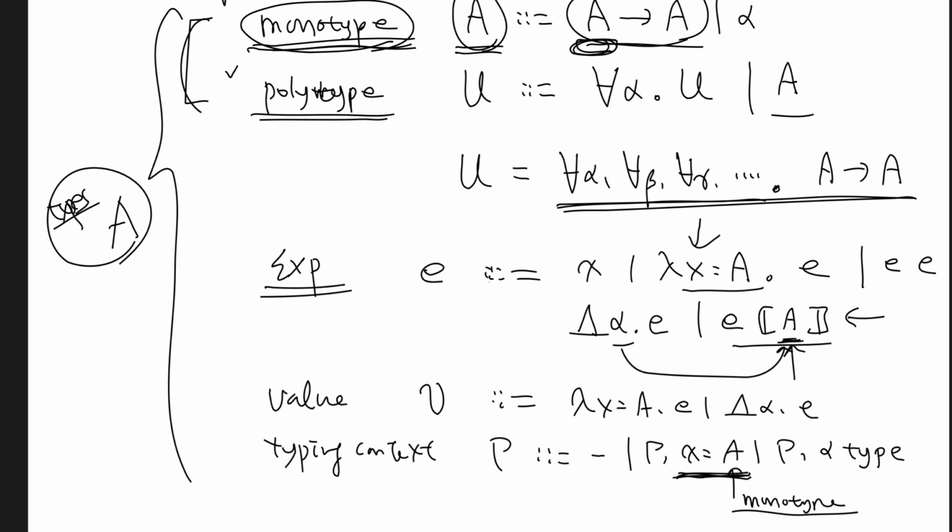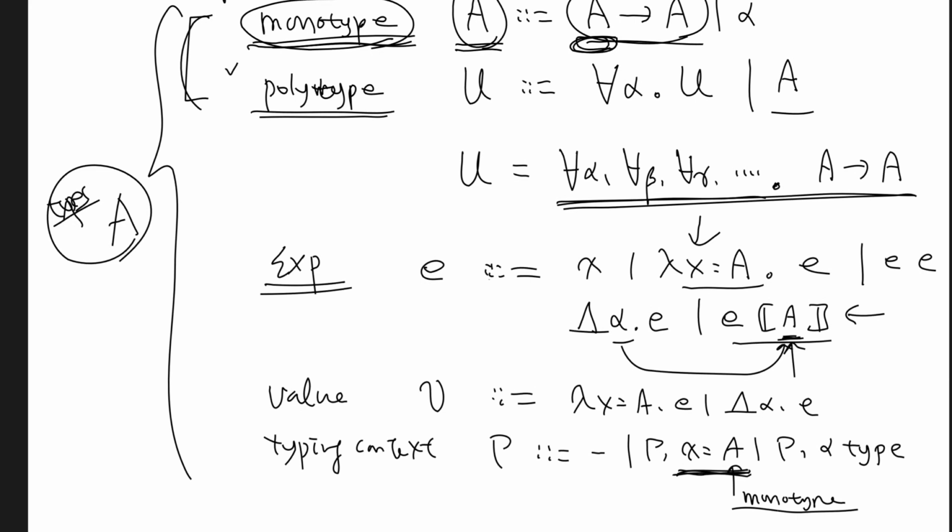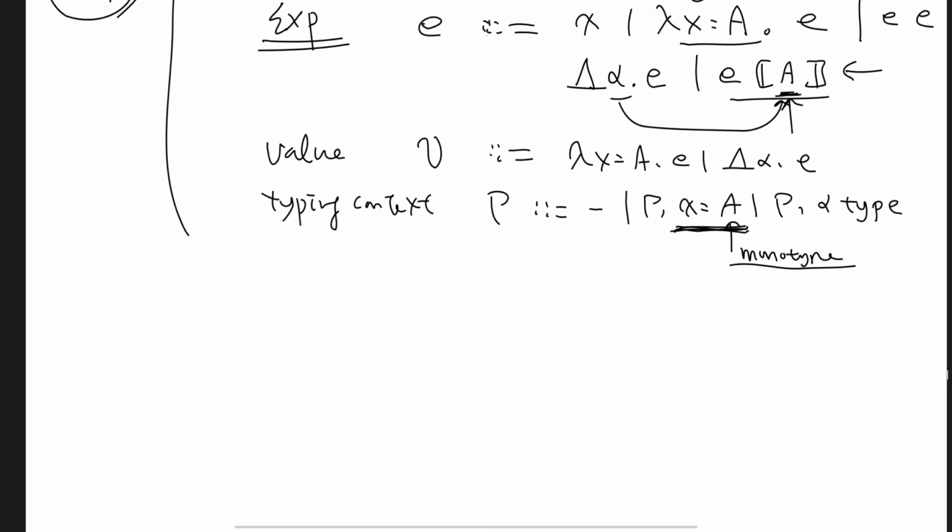Now let's develop the type system first. So what about type system? We do two kinds of judgment, type judgment and typing judgment.